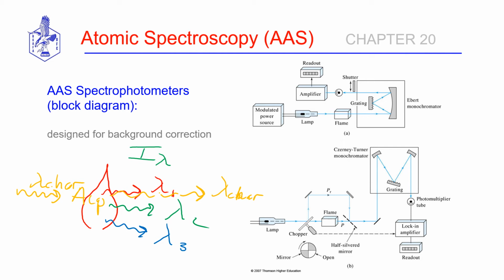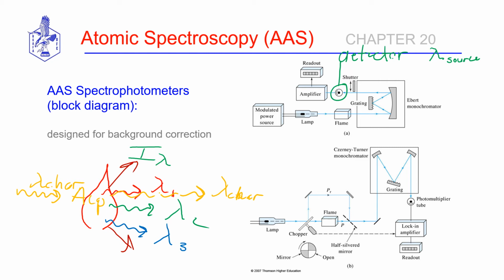Some of these other emissions are going to result in light coming off in different directions. So with our detector, this is our detector, we just want to make sure it's only going to respond to wavelengths of light that came from our source lamp.